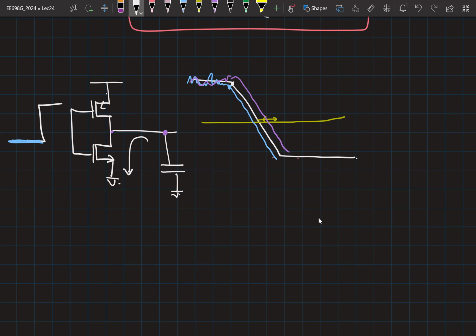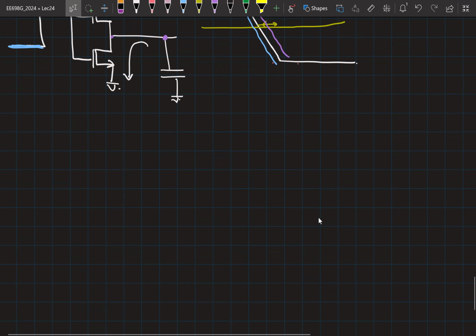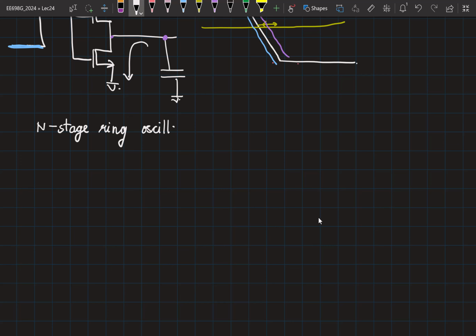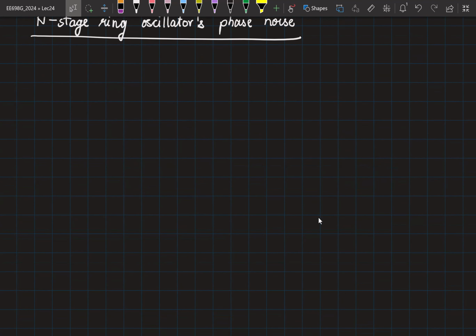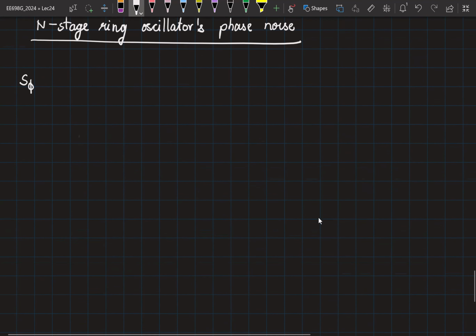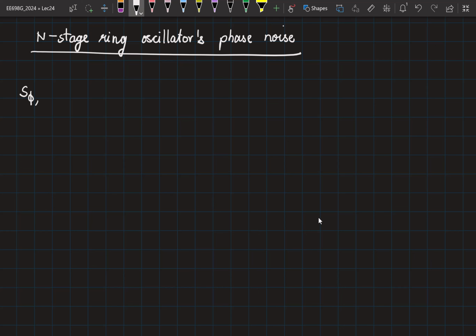Okay. So now I'll give you the expression. So this is the expression for phase noise for an n-stage ring oscillator. I'll give you the expression and then explain what each term is. So we will split this phase noise into two regions. The one where white noise is dominant.